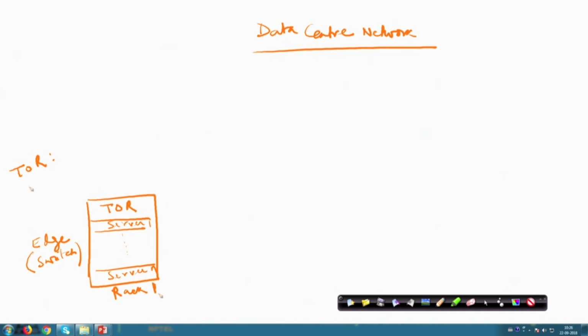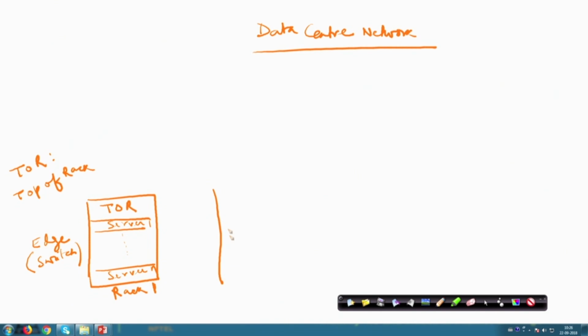This is known as TOR, meaning top of rack. So, every rack has a switch which controls a number of different servers.